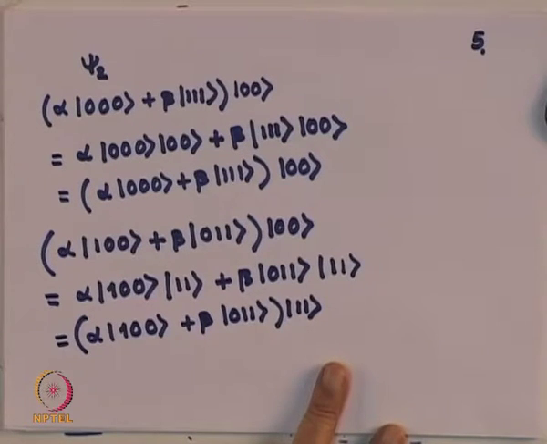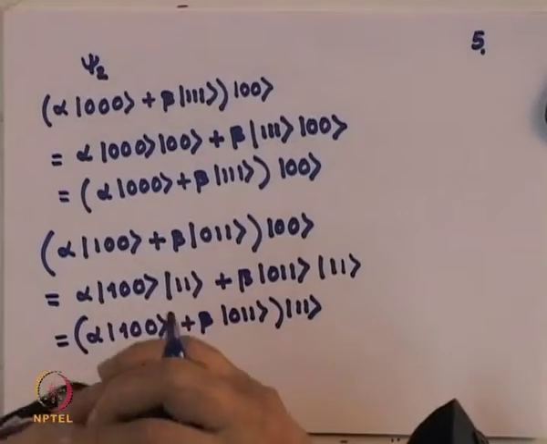The complete list of what we receive, what the states are after Bob has done these operations, is given in this table.